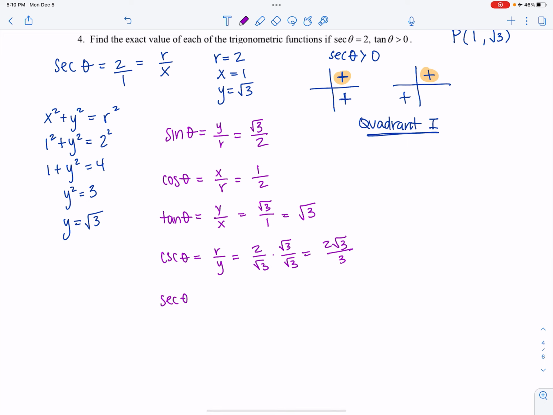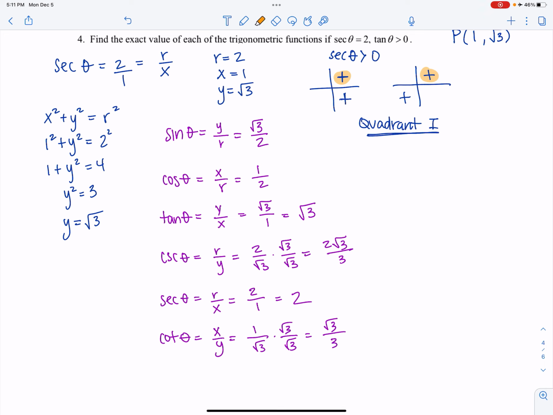Secant, r over x, r is 2, x is 1, so we have a 2. And cotangent, x over y, 1 over root 3, and we'll do root 3 over 3.